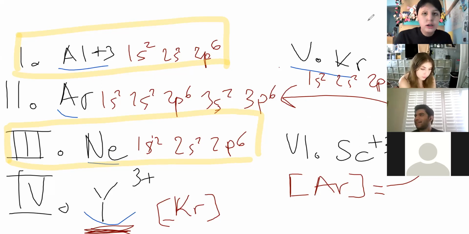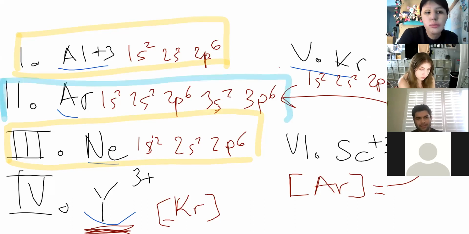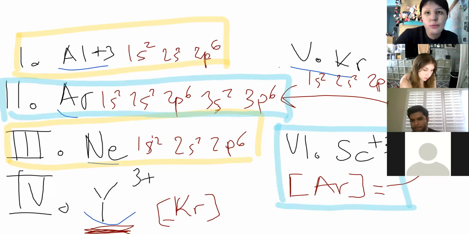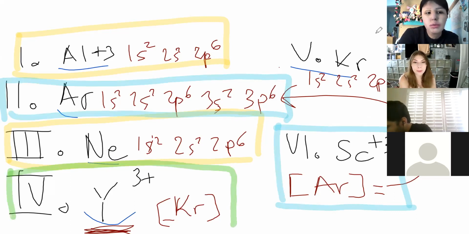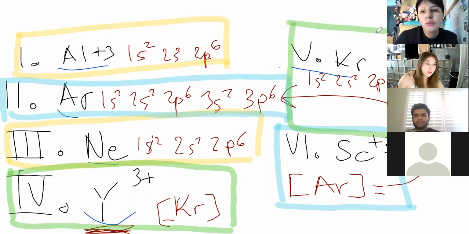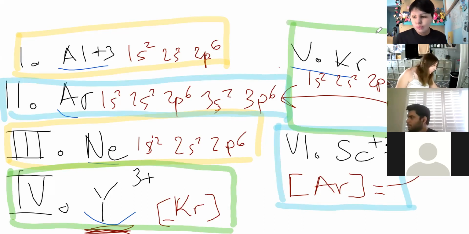No. All right. Which ones are isoelectronic with argon? Scandium +3. And for yttrium +3, we saw that krypton has that configuration.